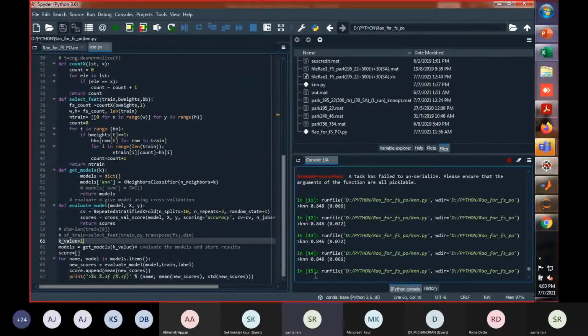It may take some time, but I already ran it, and it is around 84.8, 0.84.